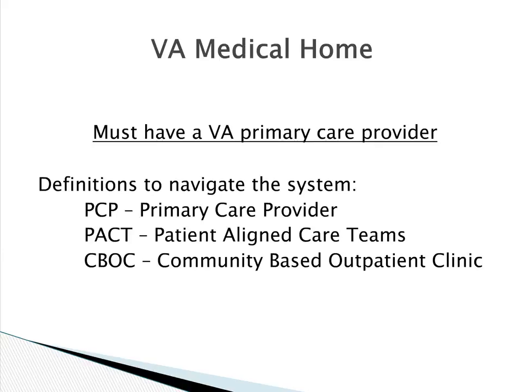That's the medical team that provides your care in the CBOC, the community-based outpatient clinic. And that's usually the provider, the nurse case manager, the social worker, etc. And then again, the CBOC. So those are the words that you're going to need. You can just take this slide with you so when people throw it around, you can follow along and get the information that you need.